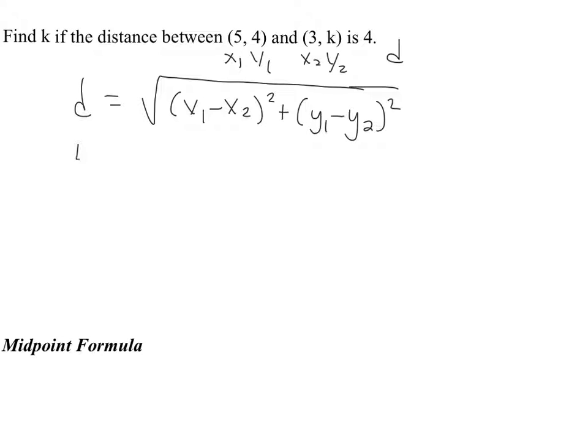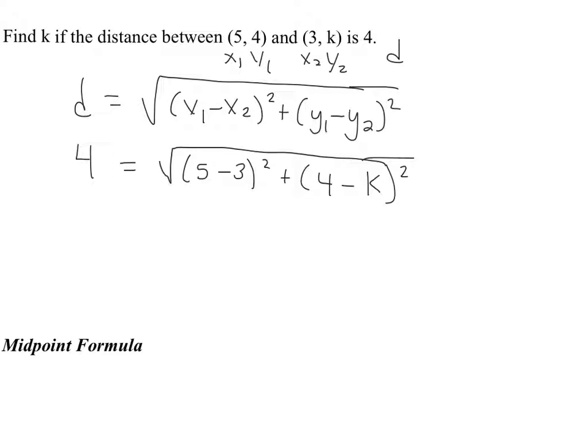So we know the distance in this case is 4. And we know x1 is 5 minus 3 squared plus y1, which is 4, minus k squared.